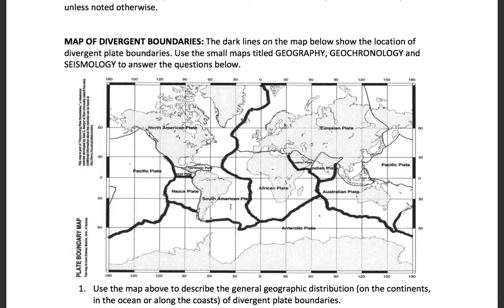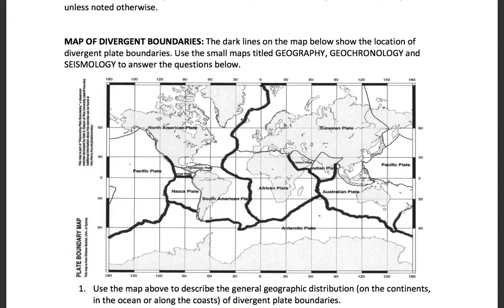So our divergent plate boundaries, these are boundaries where the plates are moving away from each other, and that's what's shown on these maps. You'll see that there is a dark line kind of wiggling its way up and down the Atlantic and around different parts of the world, and that is the location of divergent boundaries. You'll see that there's other boundaries too.